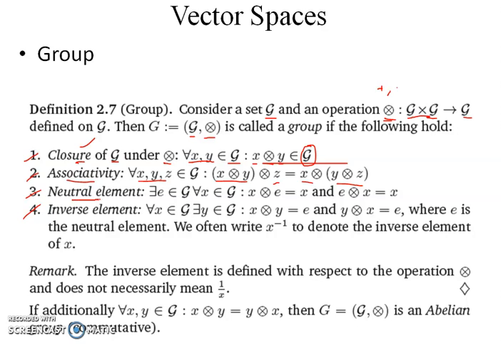The neutral element: there exists an element e, which we consider the neutral element, that is also an element of set G. For all x in G, if the operation is performed on that element with e, you will get the same element.